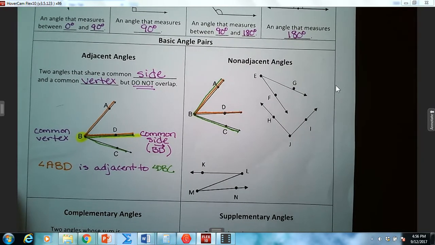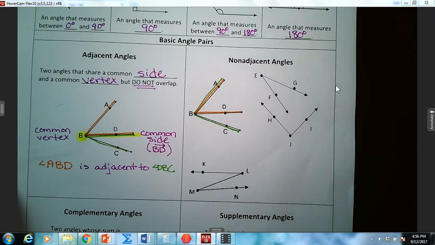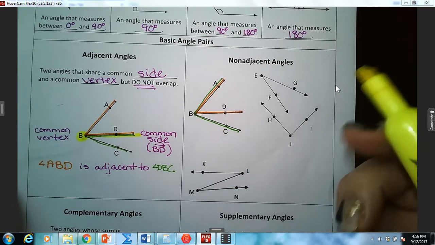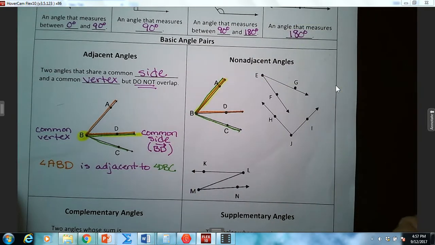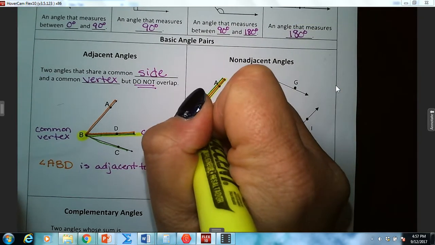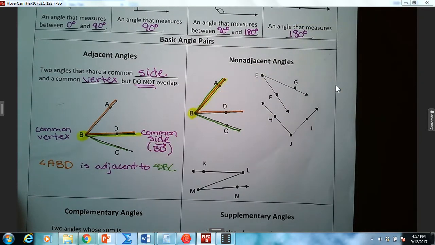Angle ABD and ABC. Well, if I'm reading through the definition of an adjacent angle, it seems like I'm doing okay. Two angles that share a common side, so there's a common side, and a common vertex, but here's the kicker. Do not overlap.